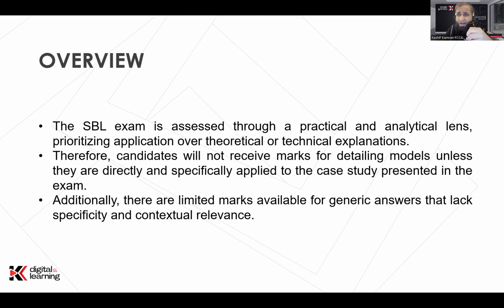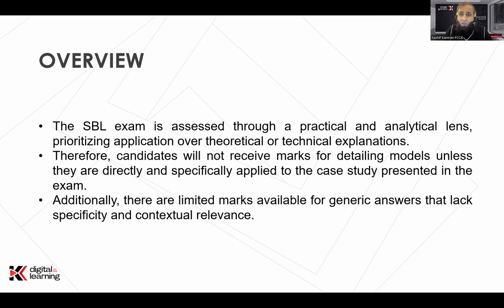If you just write generic benefits of big data, or generic challenges of cybersecurity you have learned from the articles, it is of no use unless those benefits and challenges are tailored to the context of the information given to you on the day of the exam. So any student who prioritizes application over theoretical knowledge will pass the paper.